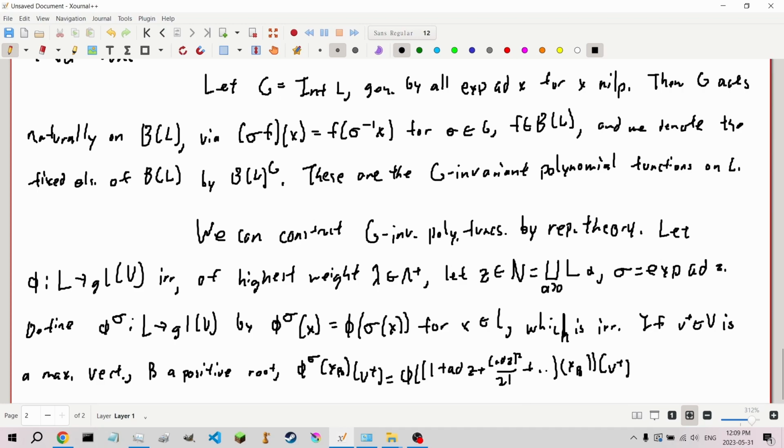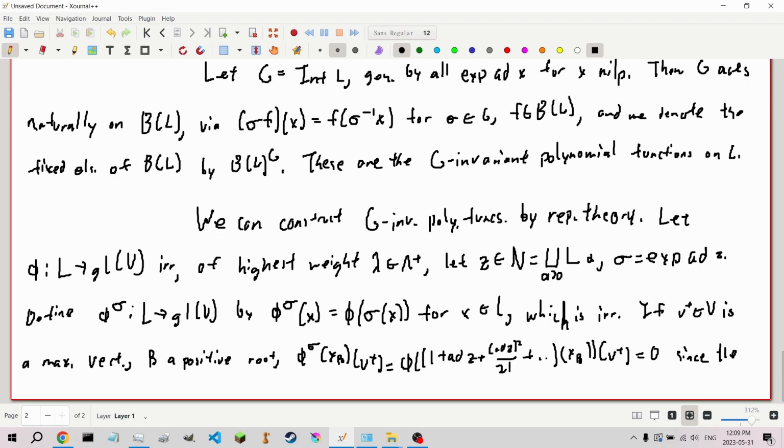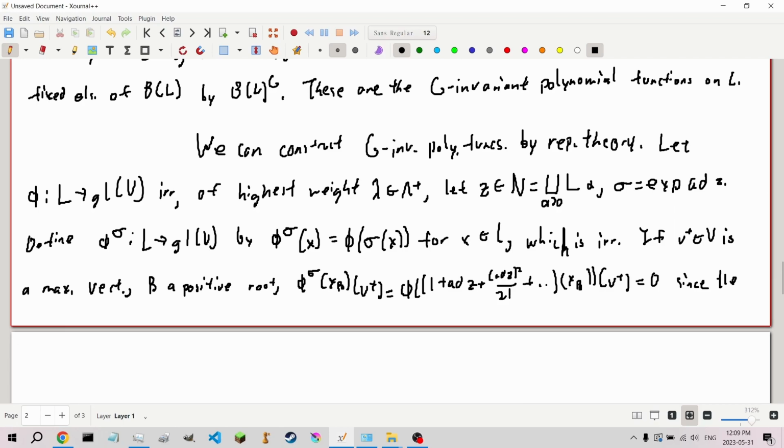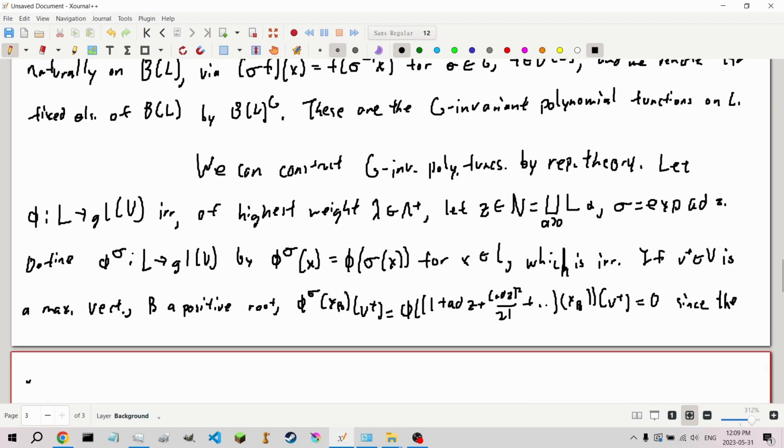On v plus is going to be 0, since the element of L in parentheses is in N.